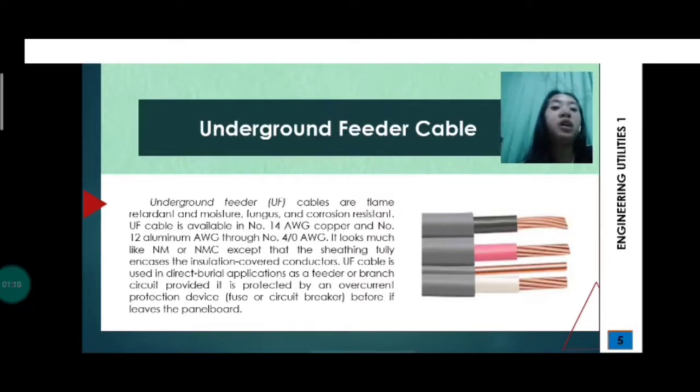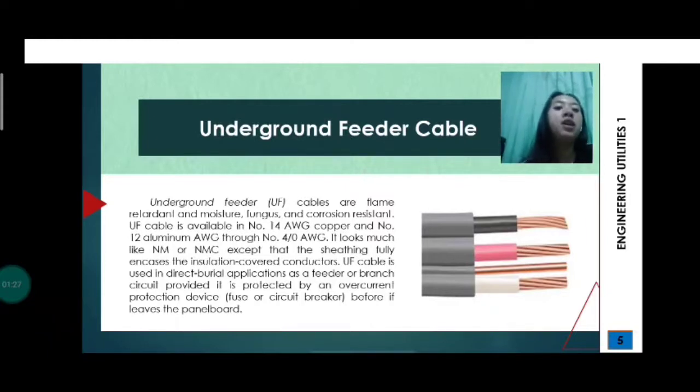Underground feeder cable is corrosion resistant, which means it resists rust. The conductor inside will not decay easily.